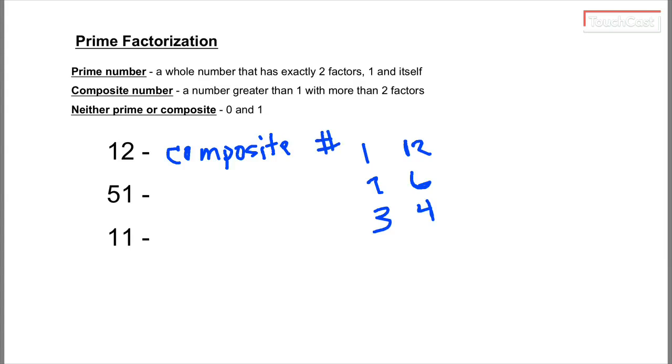Looking at a number such as 51. Well, 51 doesn't have the most common factors. However, 51 is divisible by 3.